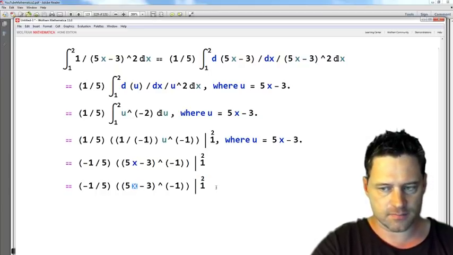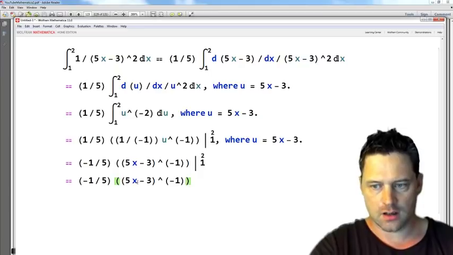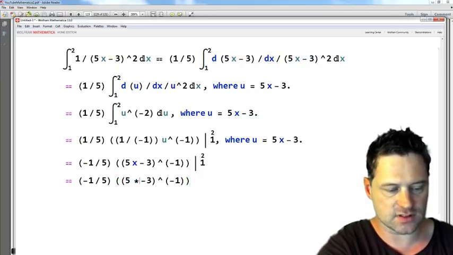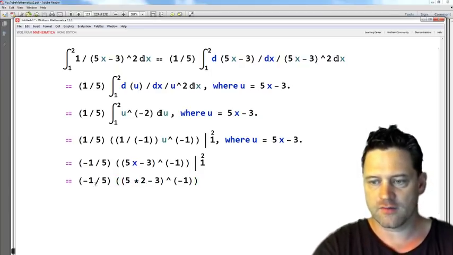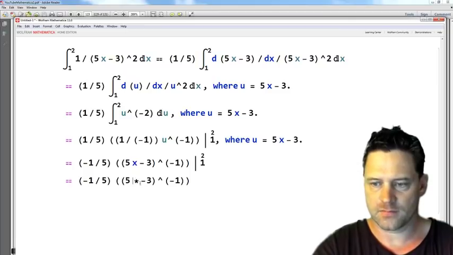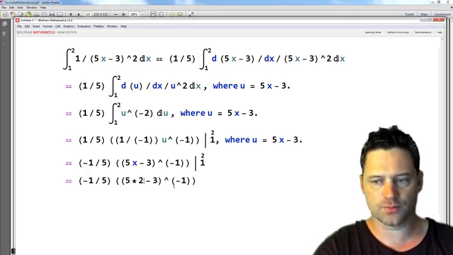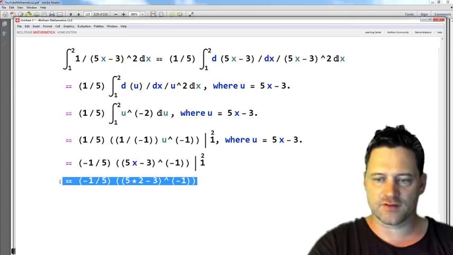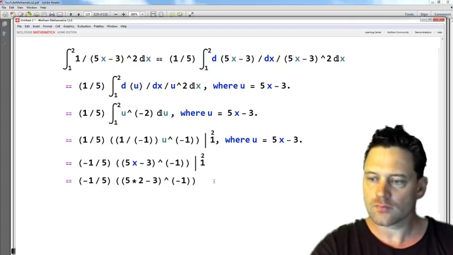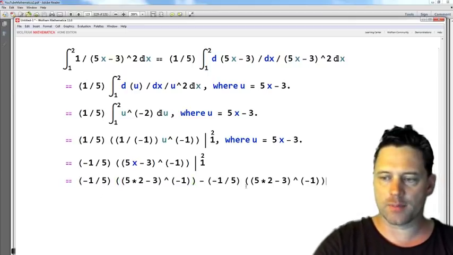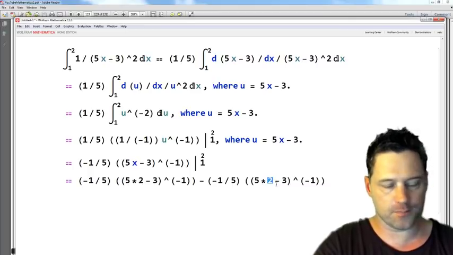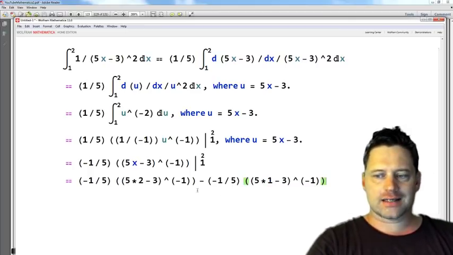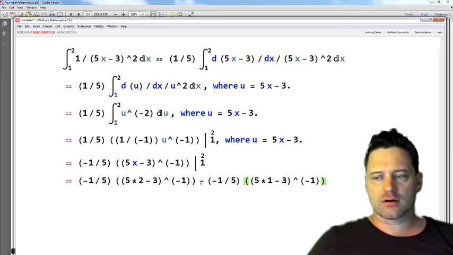Now I'll get rid of this. I'll replace the x with a 2, so I'll say times 2, and then I have to copy this and subtract what happens when I substitute in 1. Now there's just a numerical calculation to do.